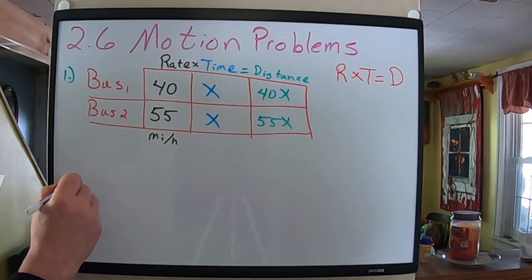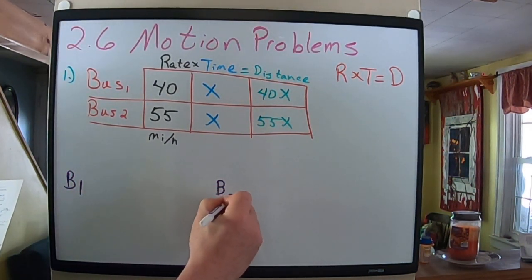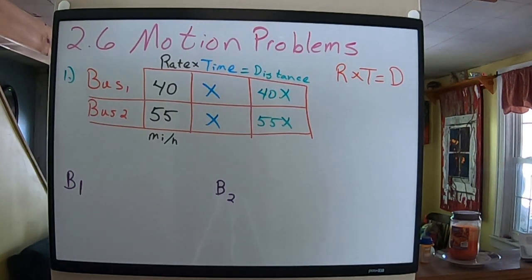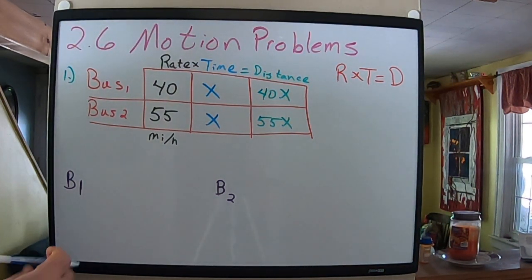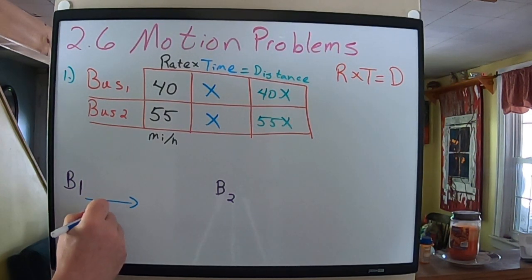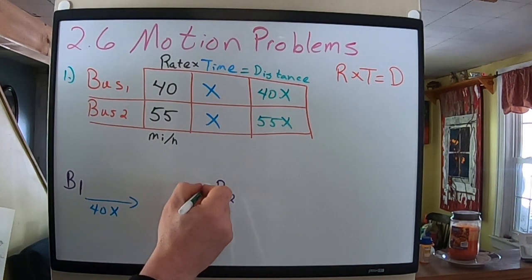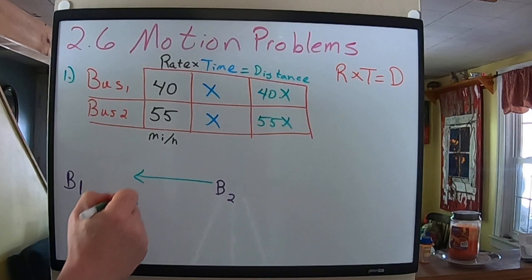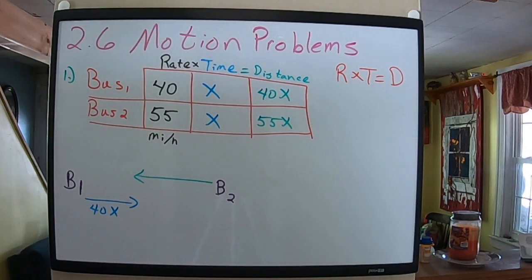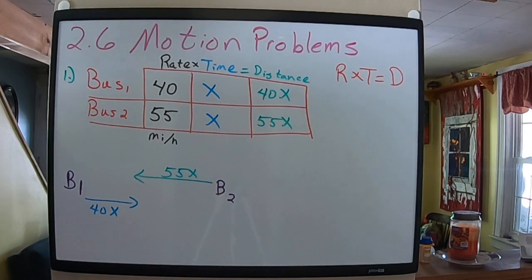So if bus 1 started here and bus 2 started here, bus 1 is going this way and it's going to travel for 40x miles, whatever that happens to be. And bus 2 starts this direction, travels this way until they meet at some point, and that's traveling at 55x miles.